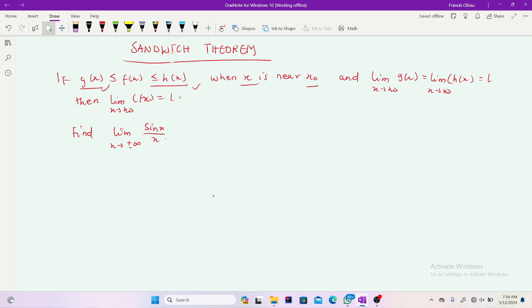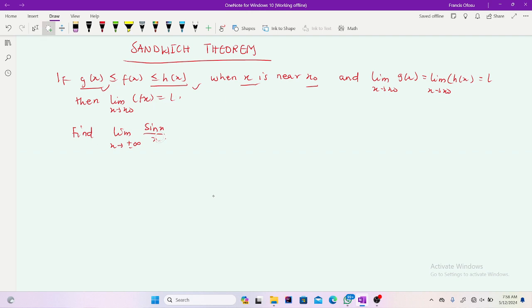So the sandwich here means that it is in between two functions of equal limits approaching the same point. Take note, meaning that if you want to find the limit of the middle one, then it's obviously the limit of either of them, which is equal. So that's the concept.